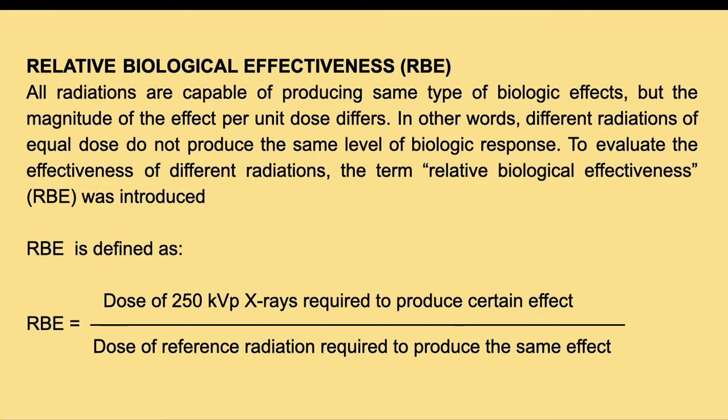And it is found that for X-rays, gamma rays, electrons, etc., this ratio will be the same. It will be 1. For protons, neutrons, etc., this much dose is not required. So if the term in the numerator is less, the RBE will be greater than 1.